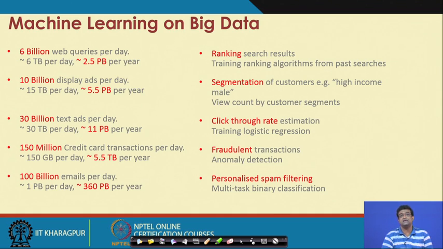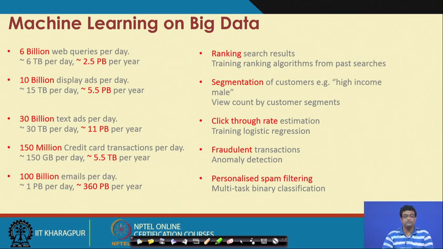It could be ranking, it could be some segmentation model like supervised or unsupervised models. It could be regression, something like the click through rate prediction problem, or it could be an anomaly detection problem, or it could be a multitask learning problem. All these problems need to be solved on large scale data.